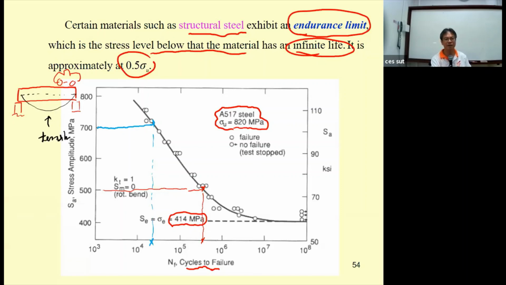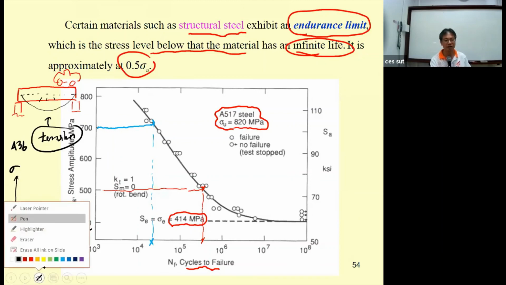If there is a micro crack at the bottom, when the structure has repeated tension, the crack on the bottom portion will get larger and larger, and when it hits some point, this beam may fail.